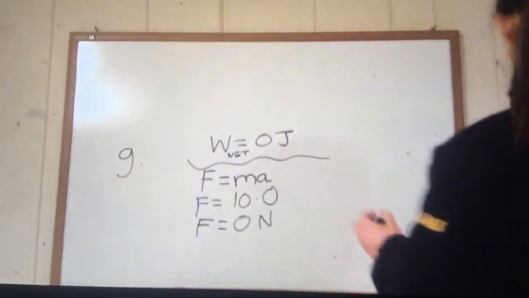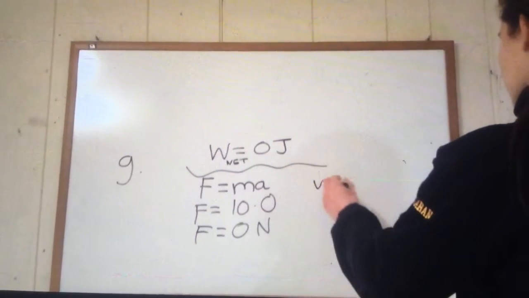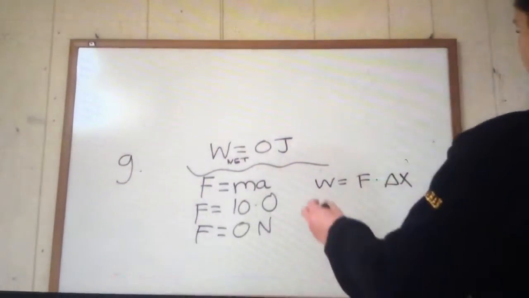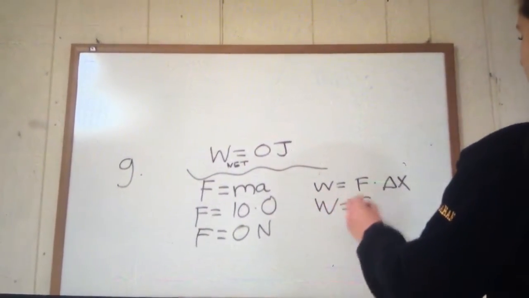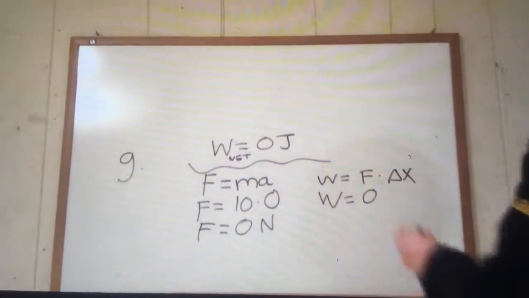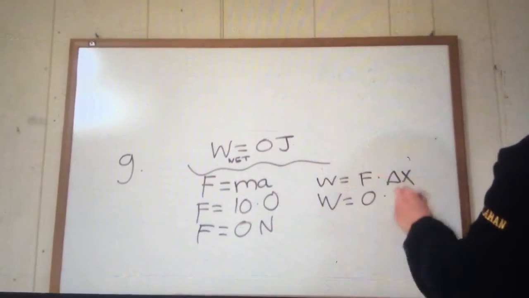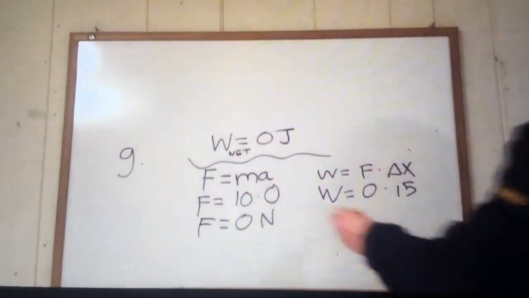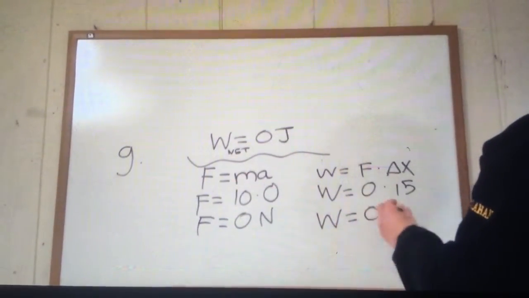Now, going back to the work equation, work equals force times the displacement, we plug in our values. Work equals 0 times the displacement, which is 15. Now, since anything multiplied by 0 equals 0, the net work equals 0 joules.